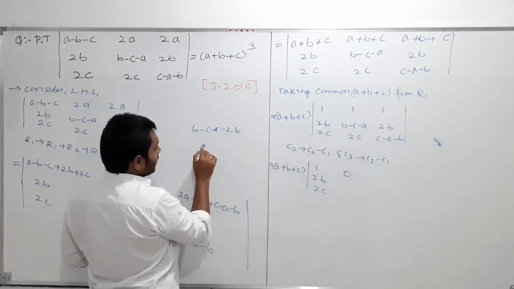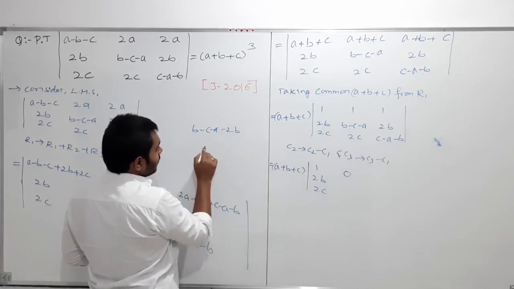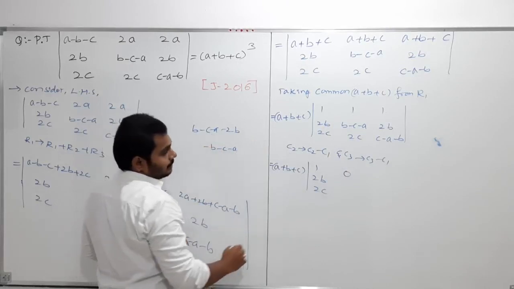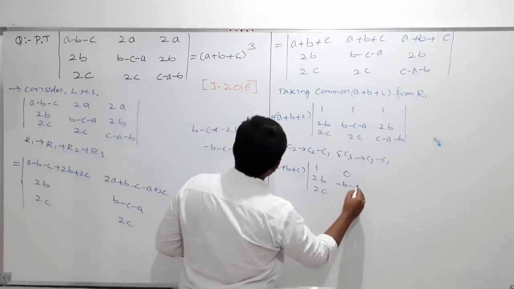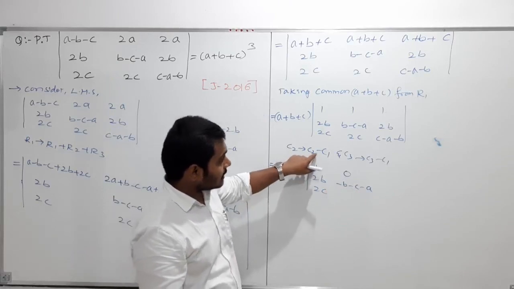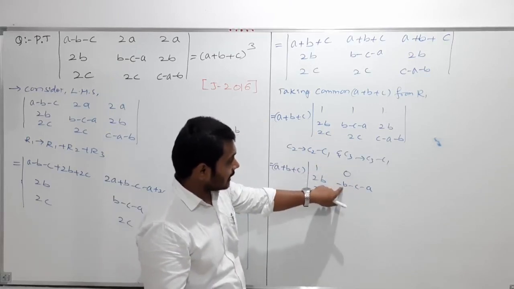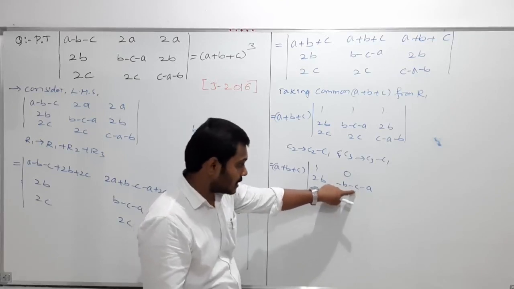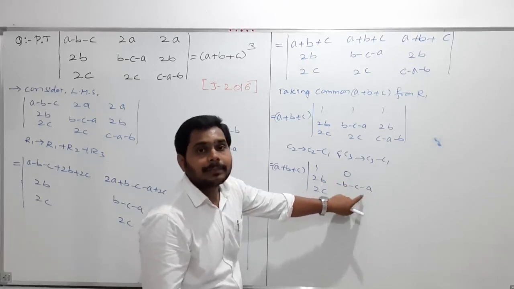So minus 2b plus 2b is minus b minus c minus a. So why am I taking c2 minus c1? Because easily you will get the minus, and if you take the minus common, this will become a plus b plus c.